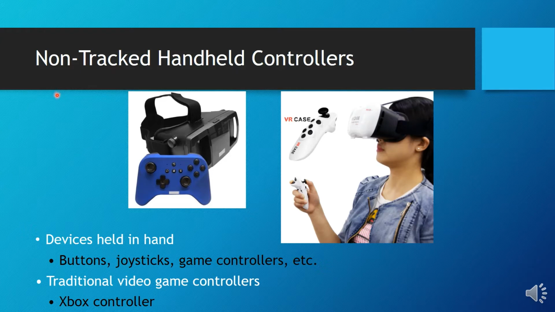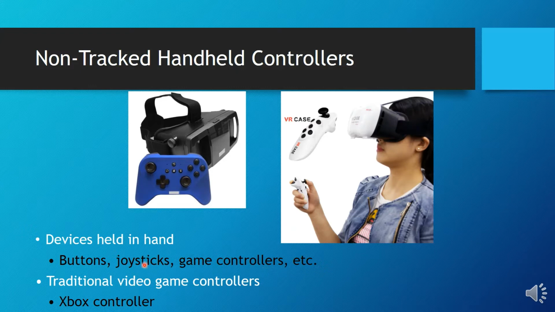The second type of hand input devices is the non-tracked handheld controller. Based on the name itself, non-tracked means no tracking. It's a handheld controller with no tracking, and this device is held in hand. You use your hand to control the device. Examples include devices that have buttons, the joystick, the game controller, and so on.